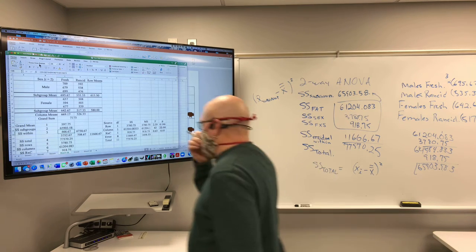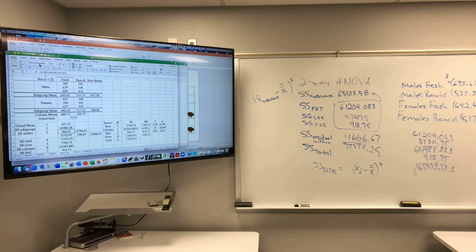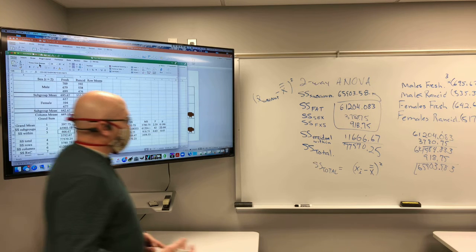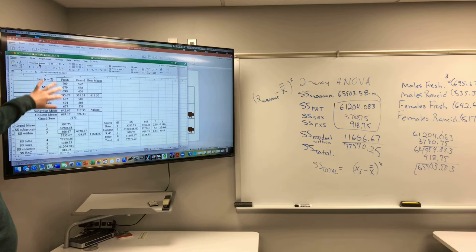So if we want to compare the means of fresh and rancid, what do we compare those means to? The grand mean again. So this would just be this column mean minus the grand mean squared plus this column mean minus the grand mean squared. Once again, in this case, weighted by the sample size. And in this case, the sample size here is 6.